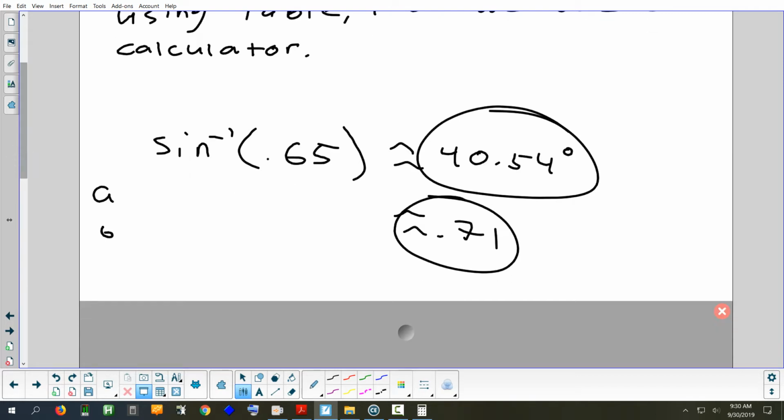Okay, say this was multiple choice, and they gave you these as answers. 0.65, 40.54, 0.71. Which answer there is correct?